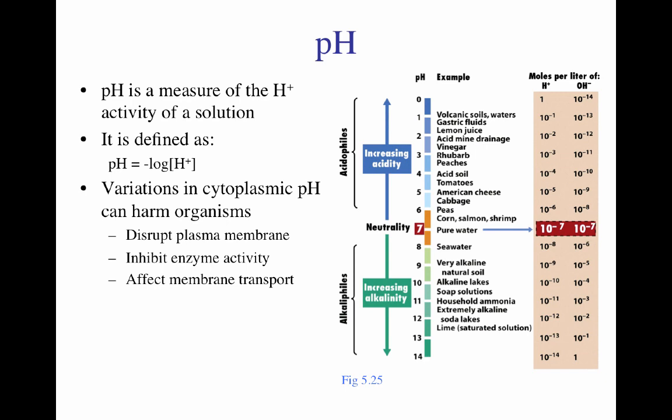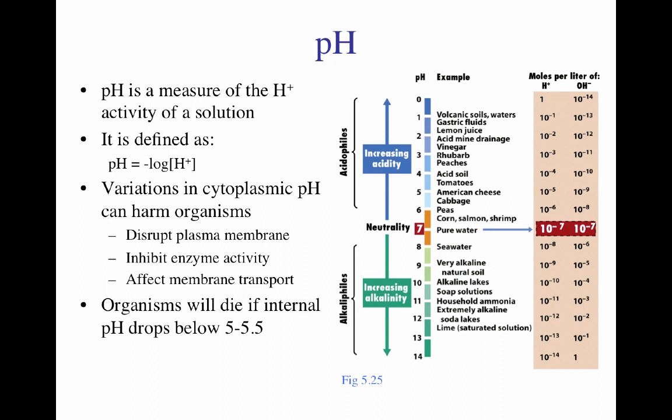So if you have variations in pH, if you put an organism in a different pH, that can disrupt the plasma membrane. Enzymes are not going to function anymore because they're going to fall apart and be denatured. And of course, that can affect membrane transport. And any organism will die if the internal pH of the cytoplasm drops below 5.0.